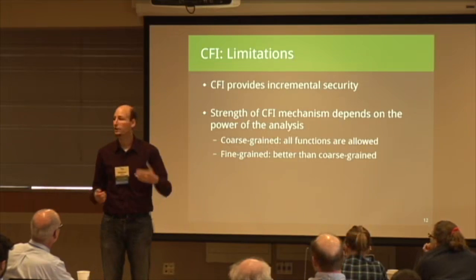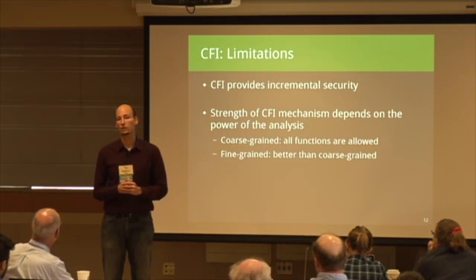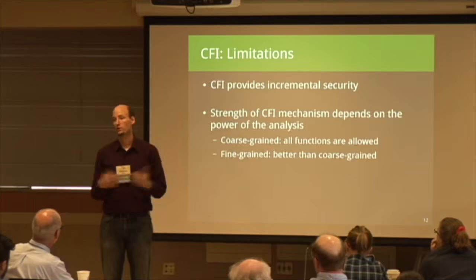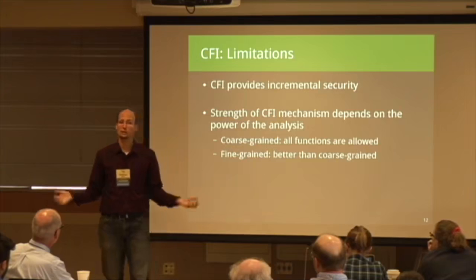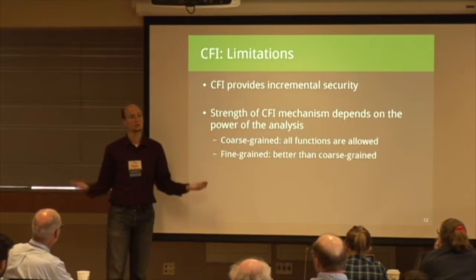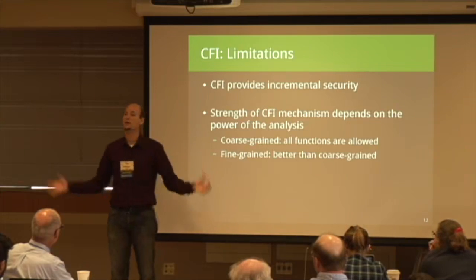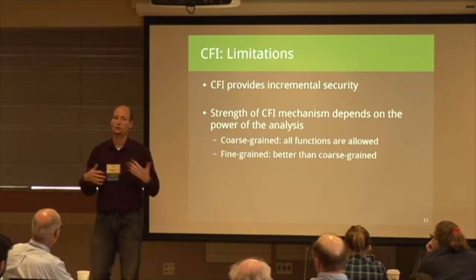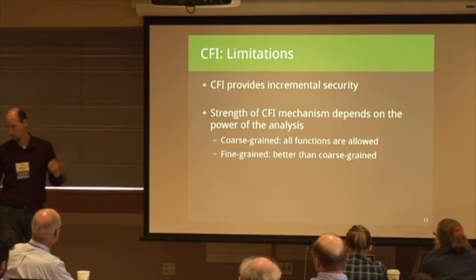This is still better than transferring control to any arbitrary executable byte in your memory. So instead of having a target set of every single executable byte, you have a target set of every function. This reduces the attack surface. Or you can have a fine-grained mechanism that further reduces the attack surface to a smaller set. And we'll get into detail for that.